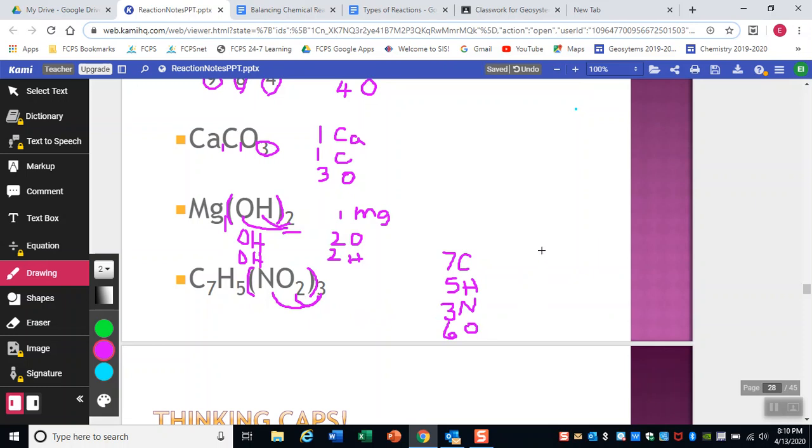All right, because that means I have 3 moles of nitrogen dioxide. Right, 1, 2, 3. So I have 1, 2, 3 nitrogens and 2, 4, 6 oxygens.